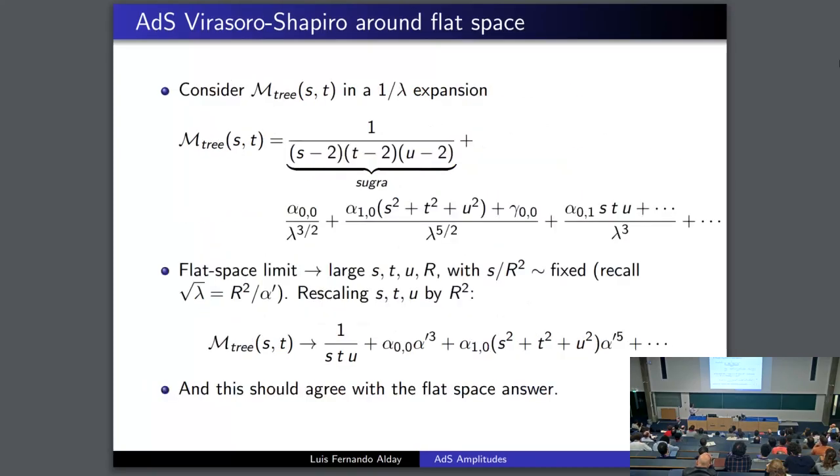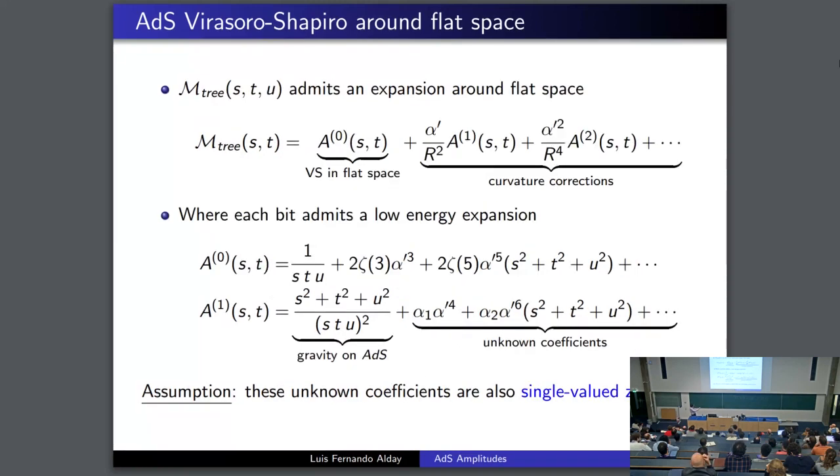So we are reshuffling this expansion in such a way that we put all the leading terms in what we call the Virasoro-Shapiro, all the subleading terms in A1, all the sub-subleading in A2, and so on. So in this way, we can interpret the first term as just the Virasoro-Shapiro amplitude in flat space, and the second, the third, etc., are the 1/r square curvature corrections that arise because the background is curved, not flat. Okay? So this is a very natural expansion.